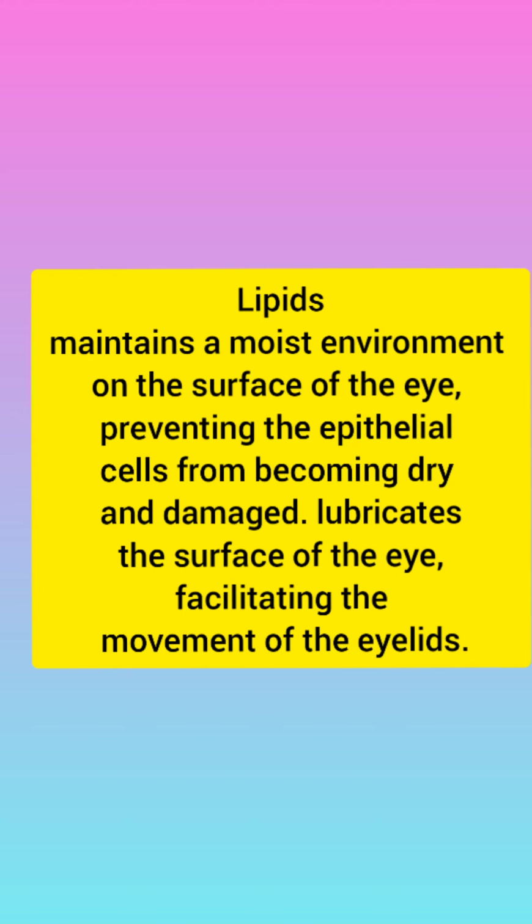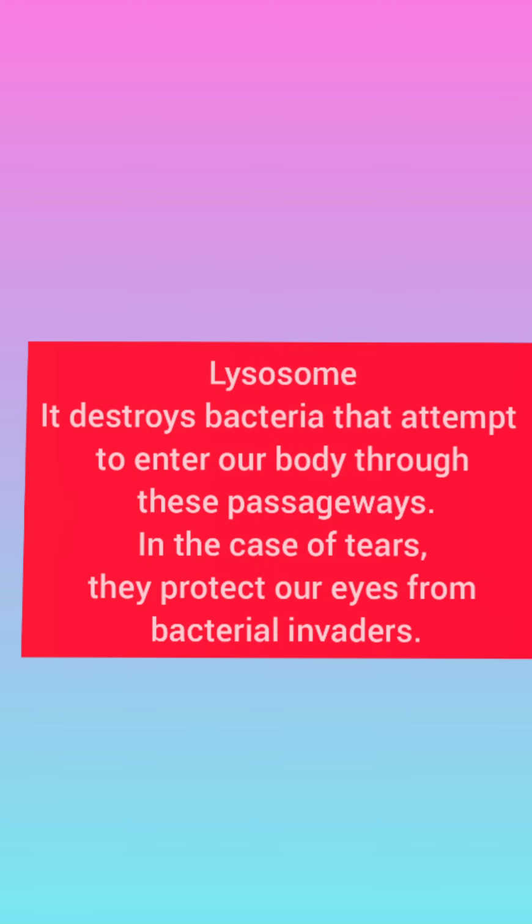They maintain a moist environment on the surface of the eye, preventing the epithelial cells from becoming dry and damaged, lubricate the surface of the eye, and also facilitate the movement of the eyelids. Third, lysozyme. It destroys bacteria that attempt to enter our body through these passageways. In the case of tears, they protect our eyes from bacterial invaders.